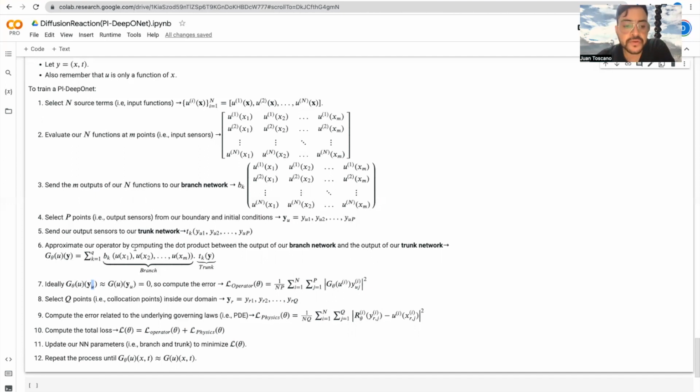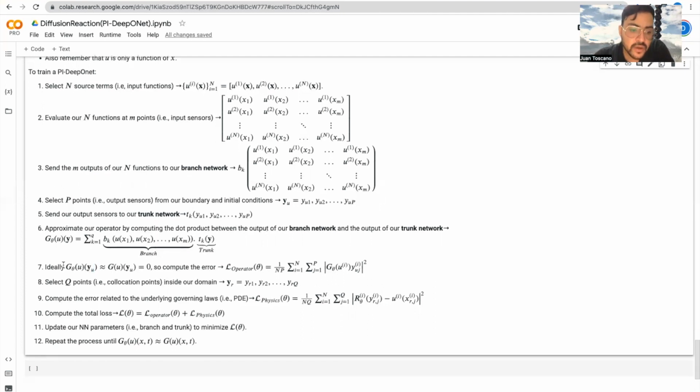Approximate our operator by computing the dot product between the output of our branch network and the output of our trunk network. Ideally, our DeepONet applied to our initial and boundary conditions should approximate the solution of our partial differential equation at our initial and boundary conditions, which we know is zero. So compute the loss operator.